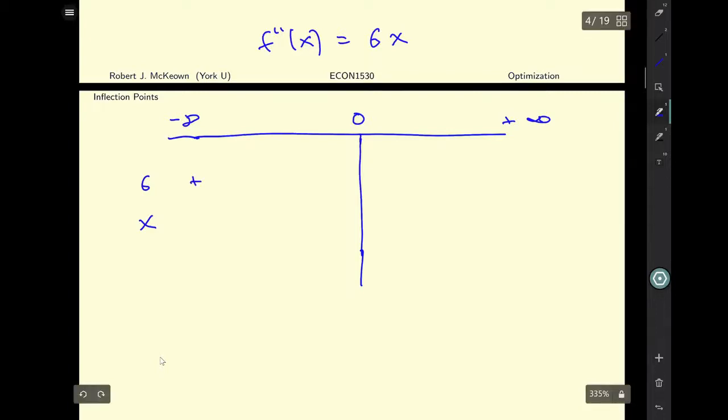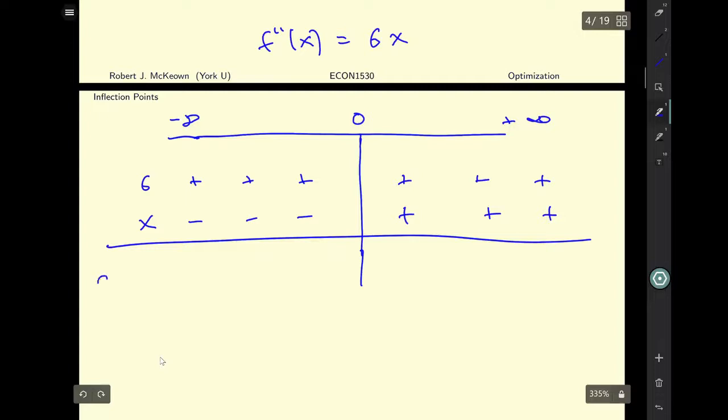And 6, well, 6 is always positive, right? And x itself, well, if x is less than 0, then x is going to be negative. If x is greater than 0, it's going to be positive. Right? And so if I'm looking at the second derivative here, I see that if x is less than 0, all the way to negative infinity, I'm going to have a negative number.